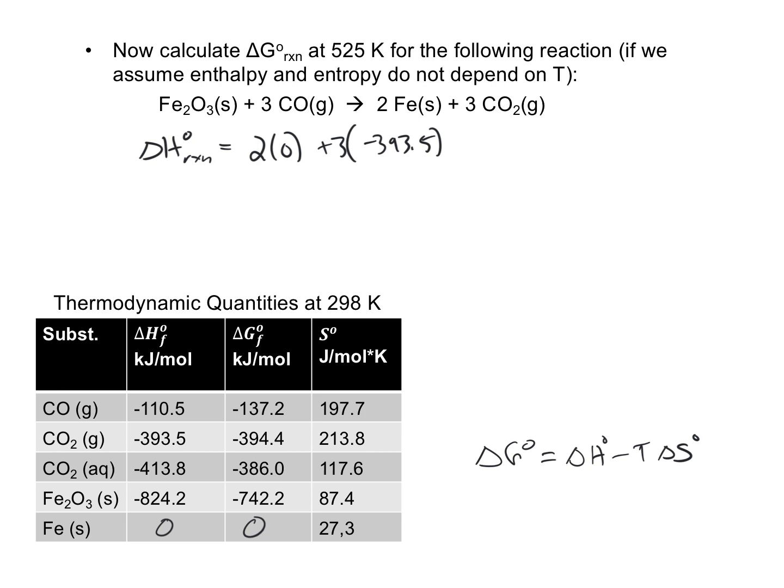And then that's the products, so then minus the reactants. And again, I put all the reactants in brackets. And so for the Fe2O3, I have negative 824.2, and then plus 3 times the carbon monoxide, negative 110.5.